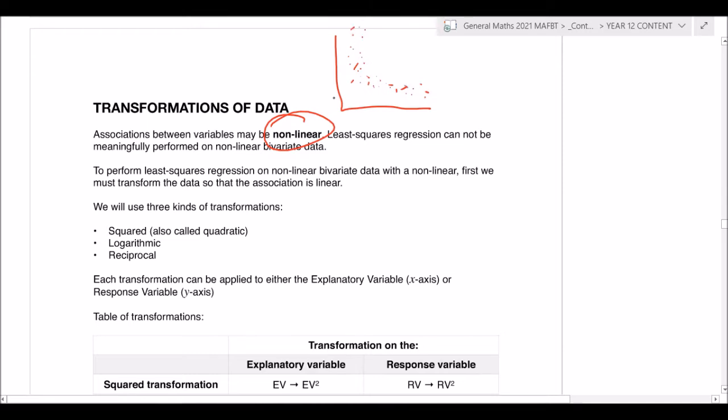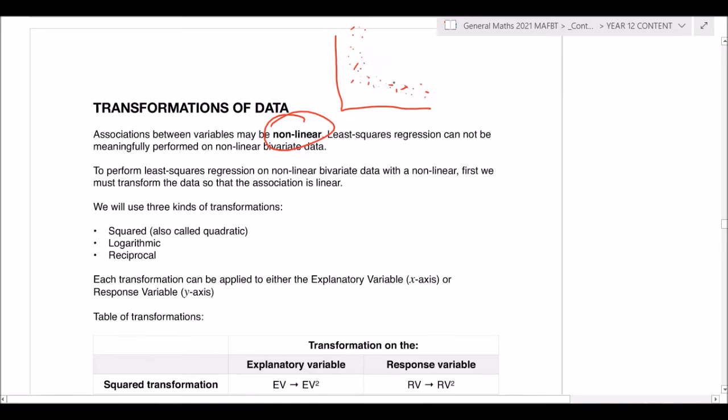Least squares regressions cannot be meaningfully performed on non-linear data, which means that if you were to draw a line here like this, it wouldn't really work. Why? Because it doesn't really represent the data that well. If I wanted to draw a straight line, it doesn't account for everything in this data. A better line would be a curved line, right? But we want a straight line. Obviously it's not going to work very well with this data.